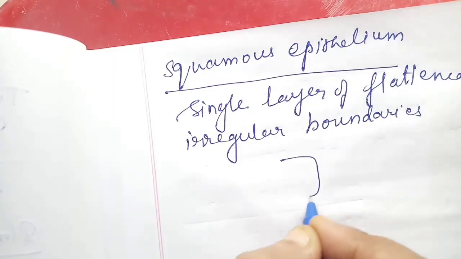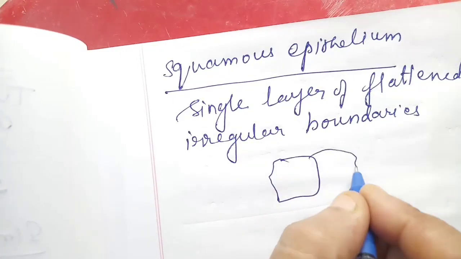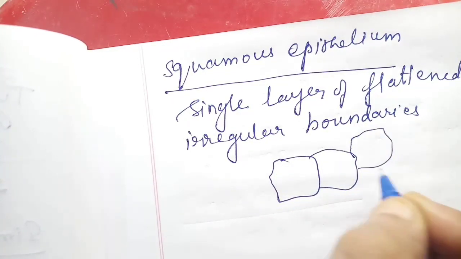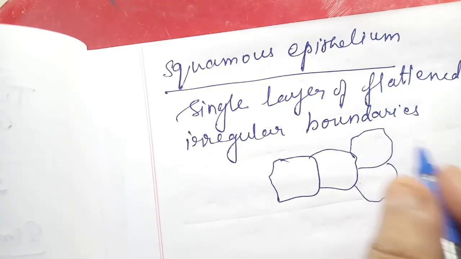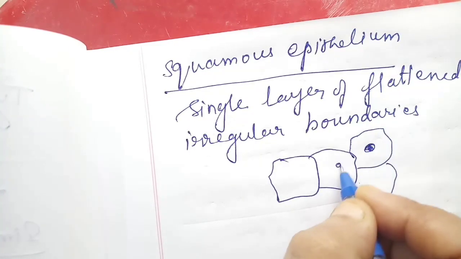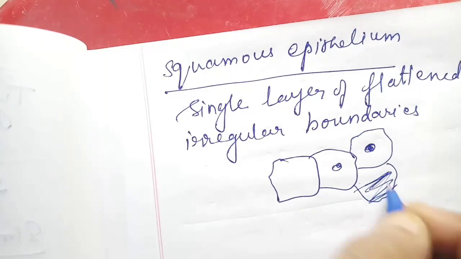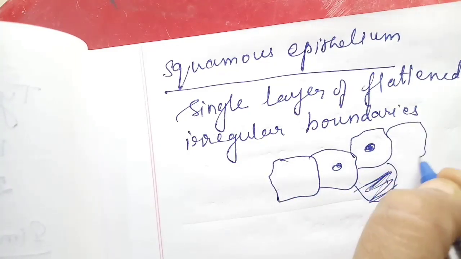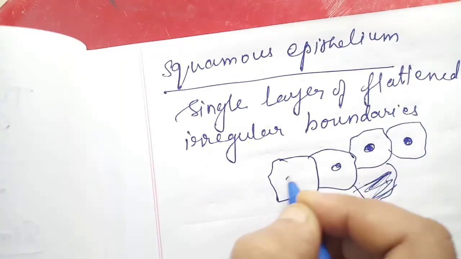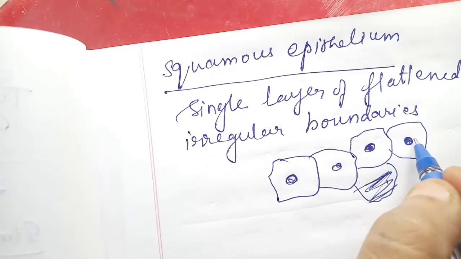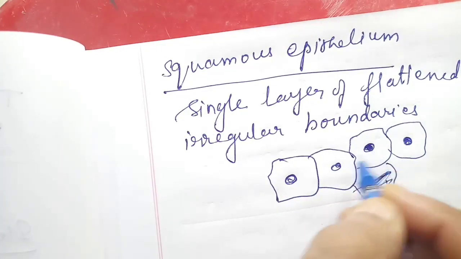If you see here, the boundaries are irregular like this. Only one layer will be there, a single layer.